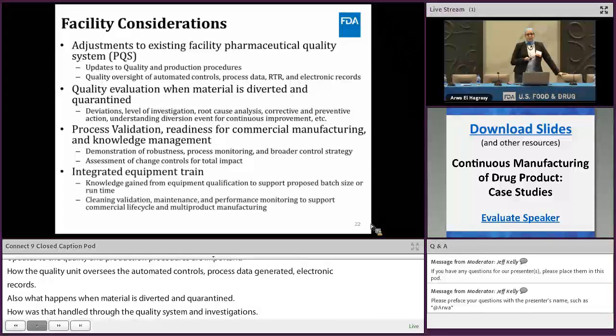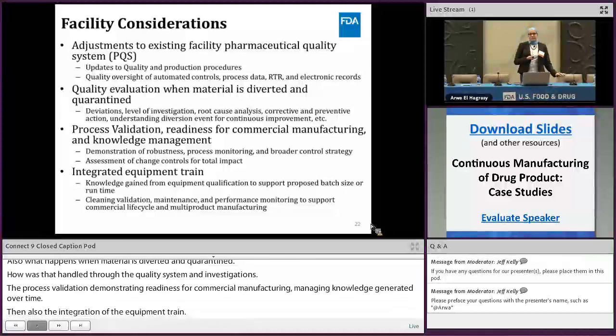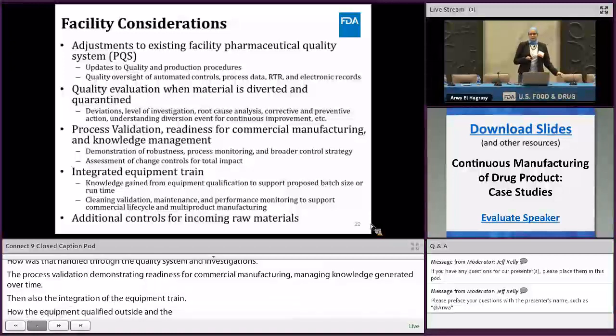and then also the integration of the equipment train, how the equipment are qualified on site, and then the cleaning validation is an important element also of the facility implementation. And finally, as we talked at the beginning, any additional controls for incoming raw materials that would be necessary.